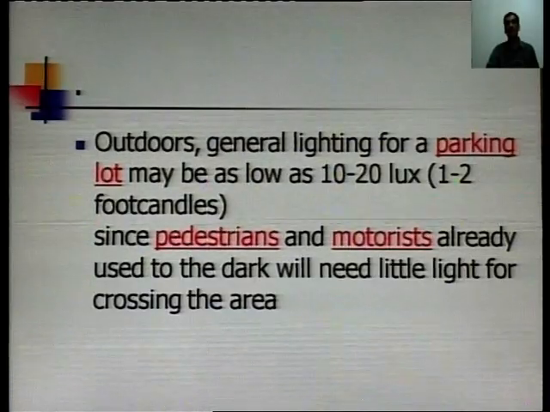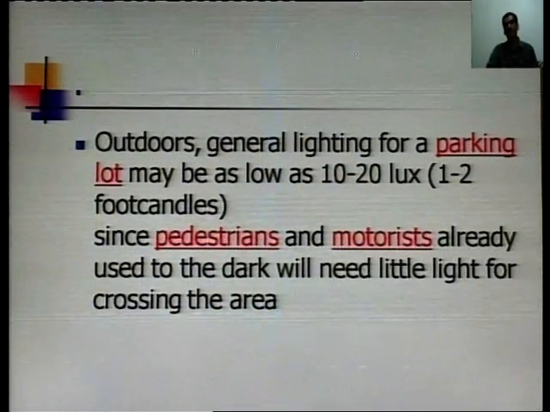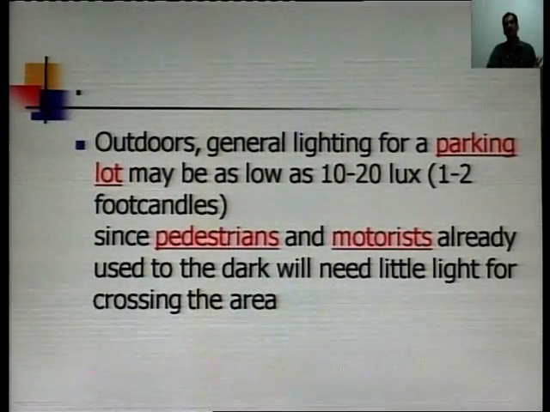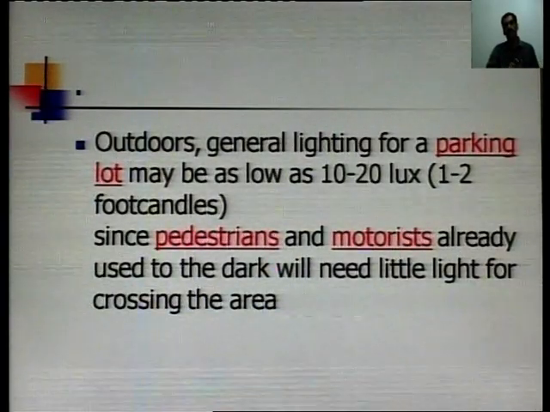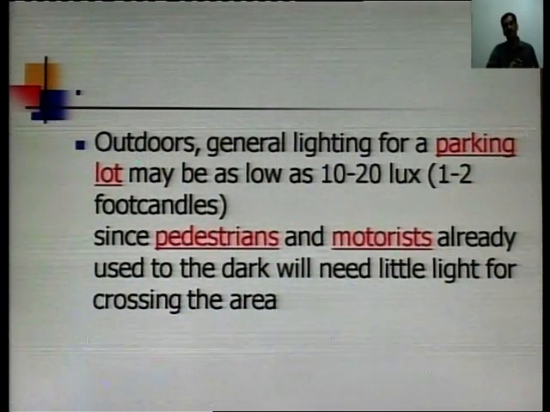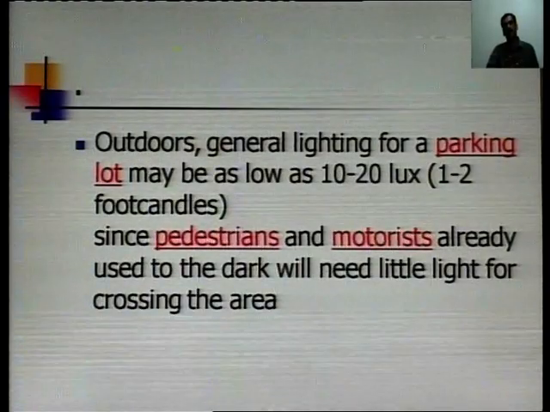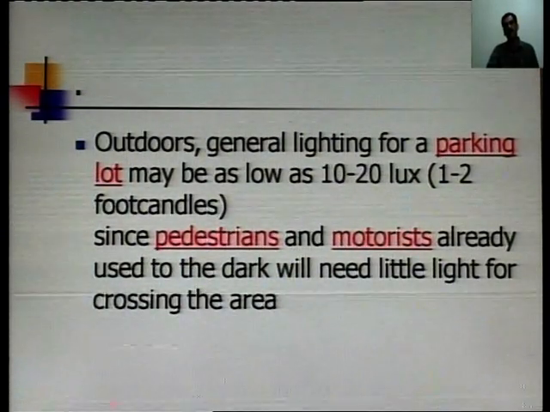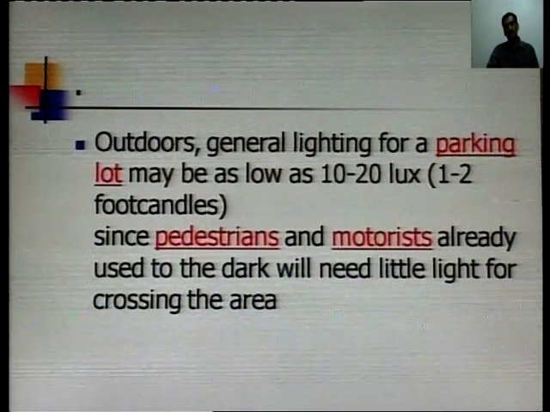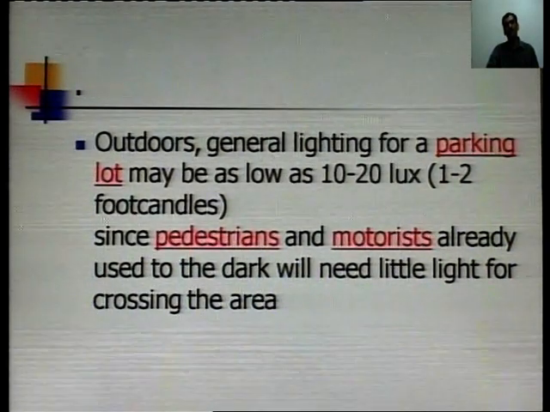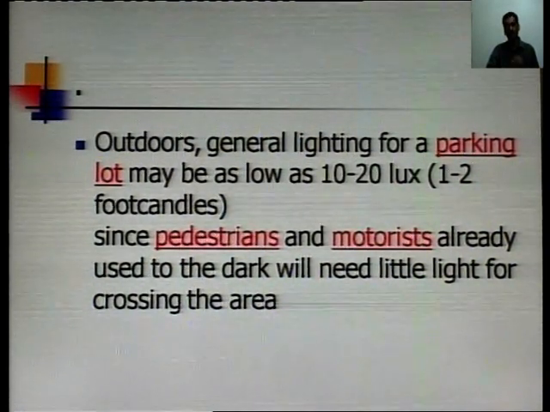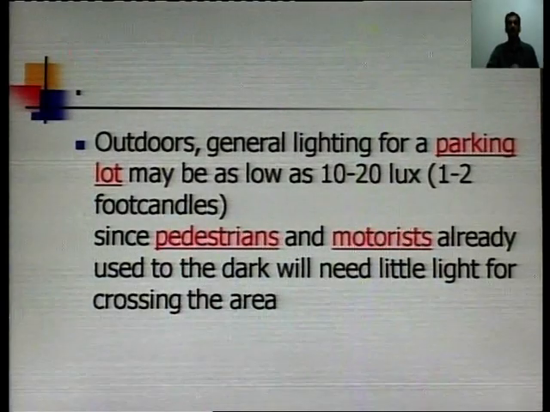So outdoor general lighting for a parking lot may be as low as 10 to 20 lux, 1 to 2 foot candles. Lux is the measuring unit which defines how much light should be there in a particular room, in a particular parking area, or at a particular place.